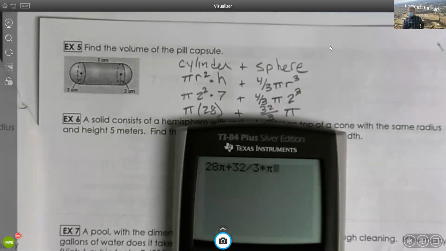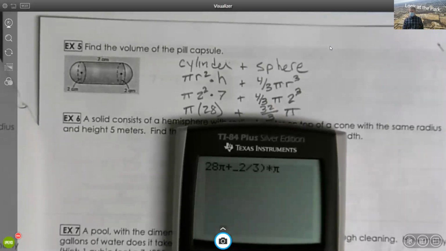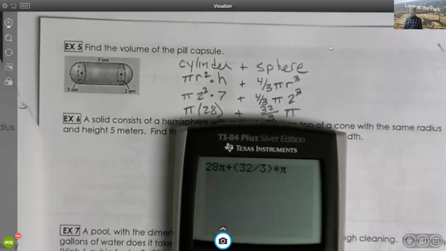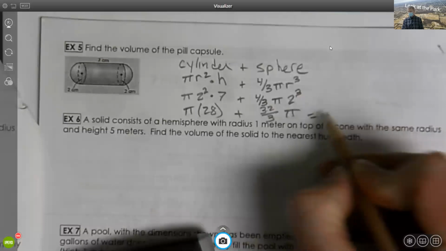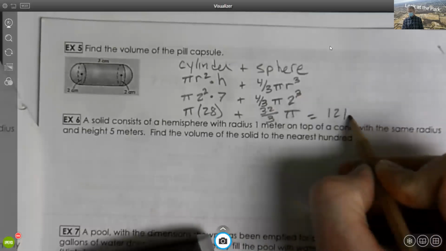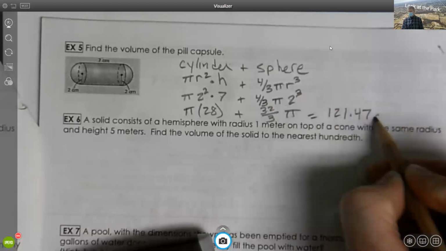If you're not sure about that, you are welcome to put parentheses around the fraction. That way you're certain to do the calculation of the fraction and then times that by pi. But I believe that was going to work out for us anyway. We got 121.47. And these are our centimeters cubed.